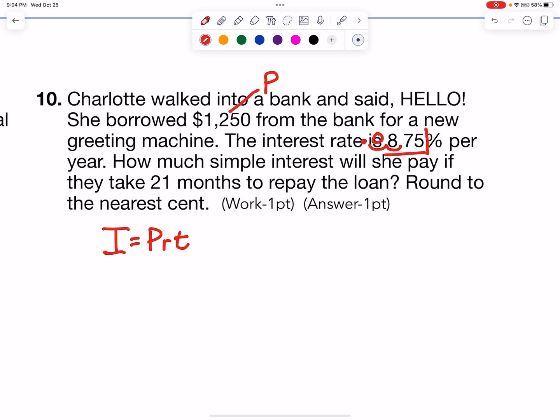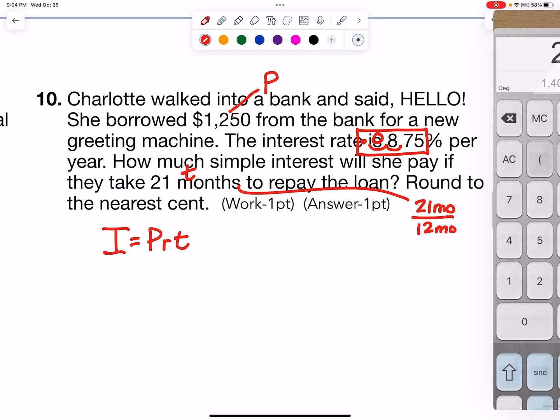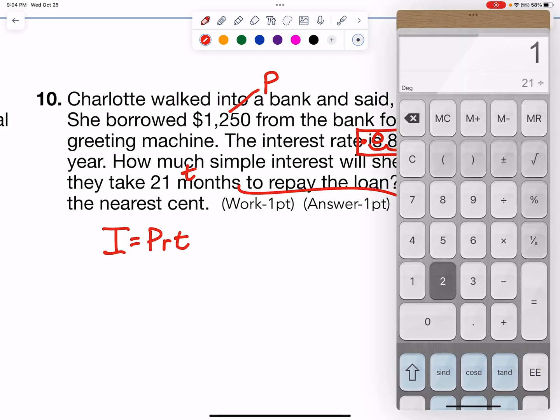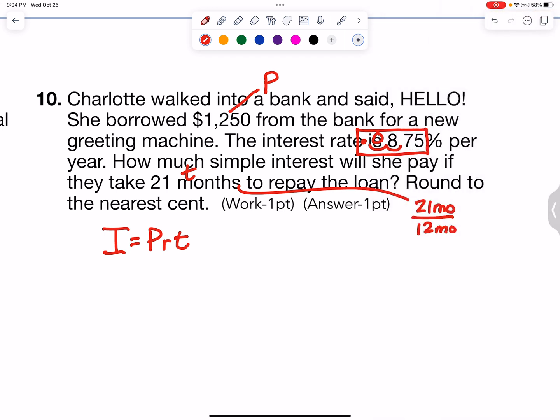I'm going to go ahead and box my new decimal that we're going to be using. And then how long, here's my time, but it's in months. So remember, to change that, we do 21 months over 12 months. And 21 divided by 12 is 1.75 years. Okay, so that's the time we're going to use over here.